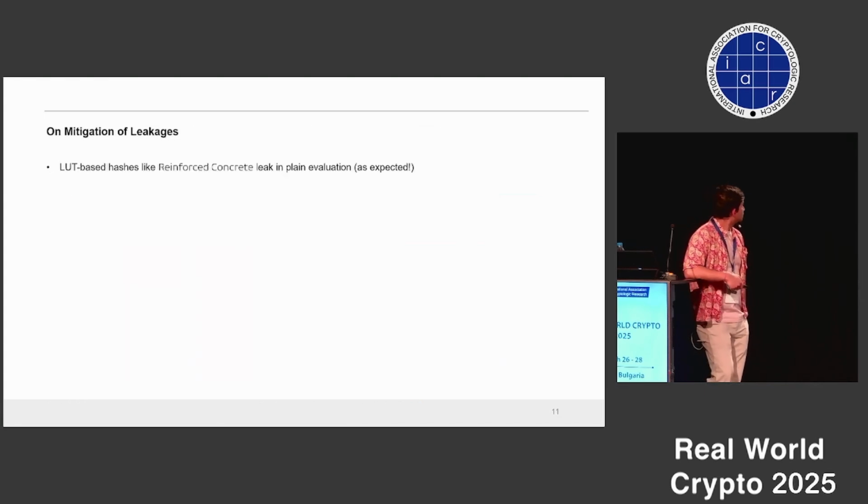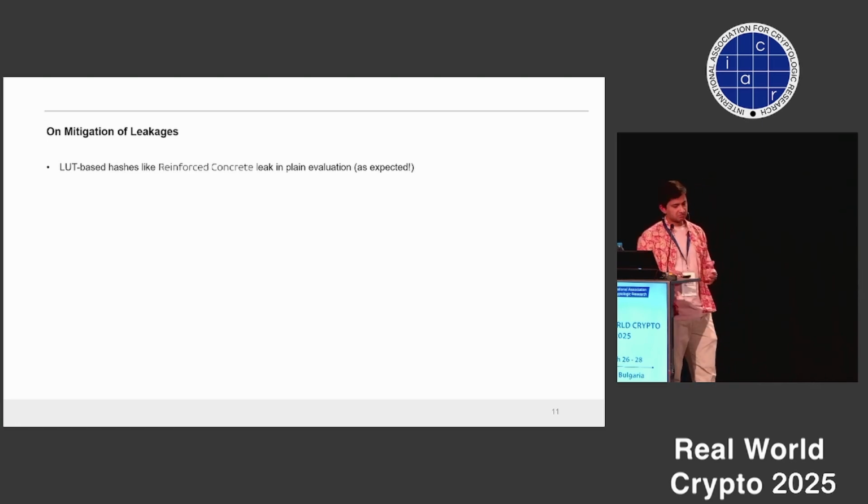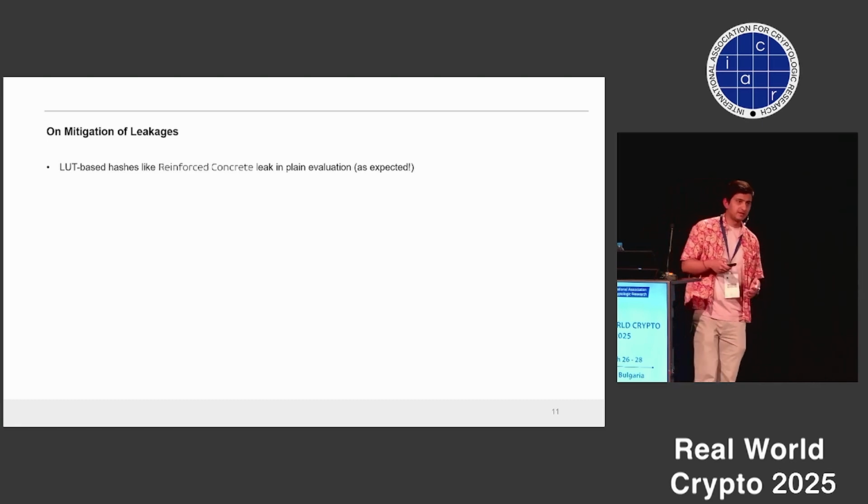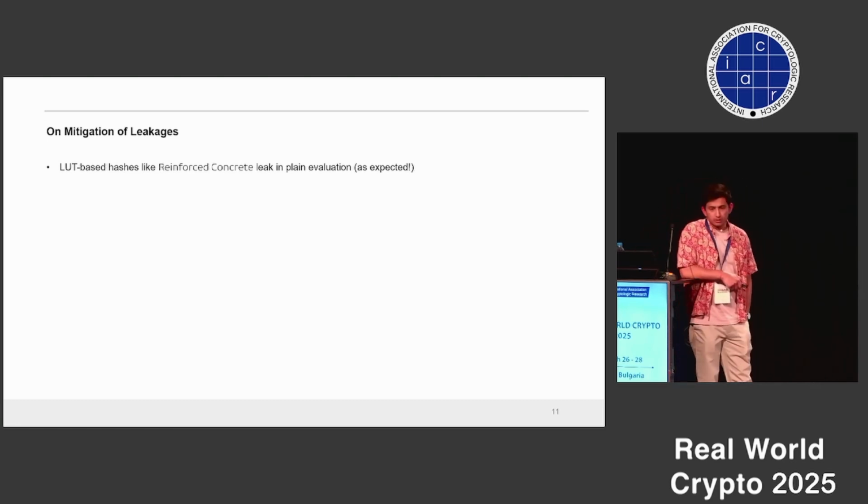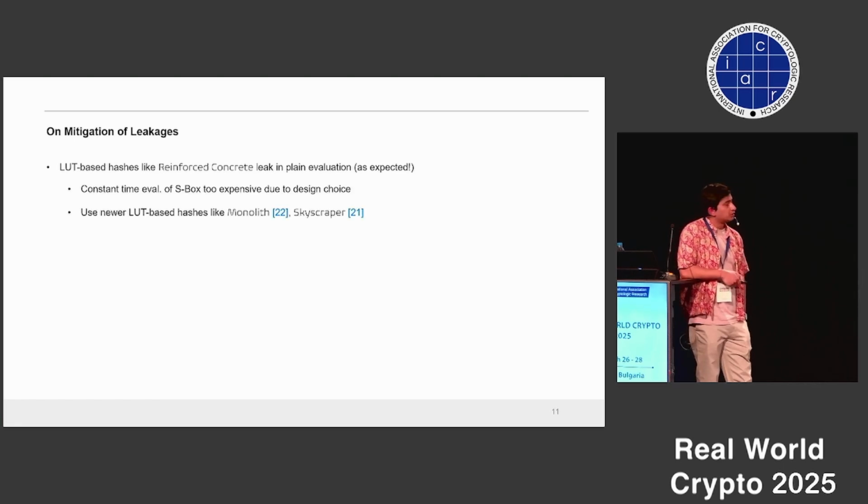So for mitigations, if we are using an older generation of lookup-based hashes like Reinforced Concrete, where constant time evaluation of the S-box is quite expensive, one can switch to the newer generation of lookup-based ZK-friendly hashes like Monolith and Skyscraper.